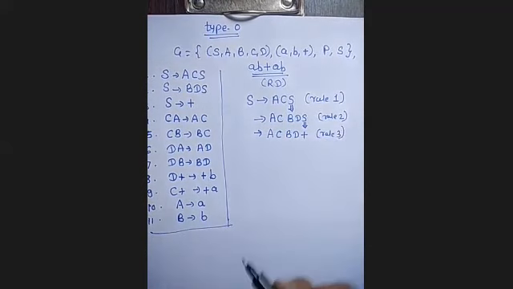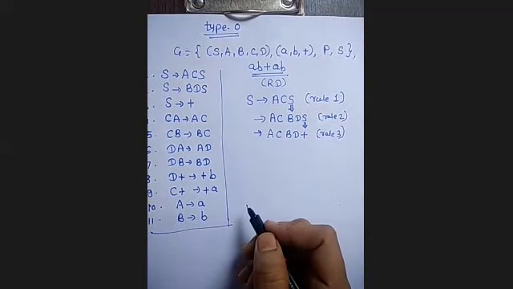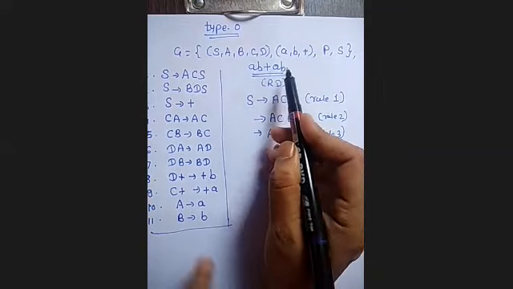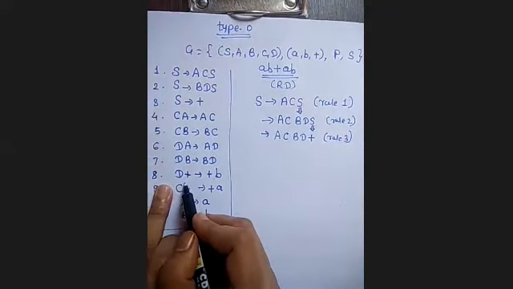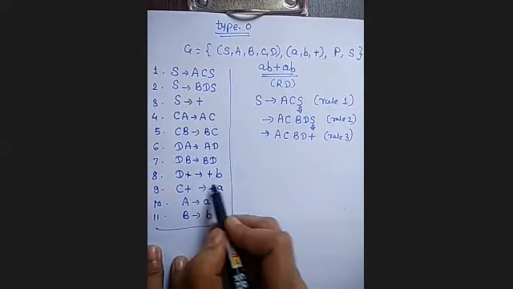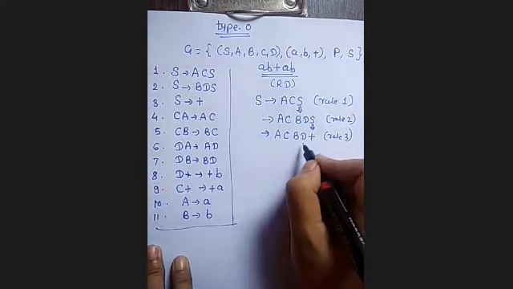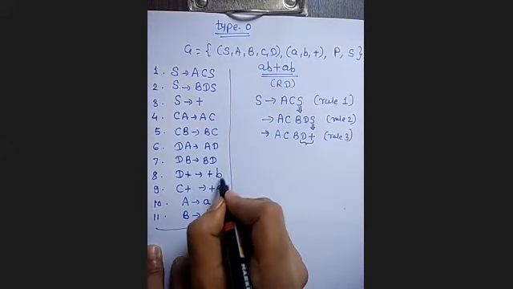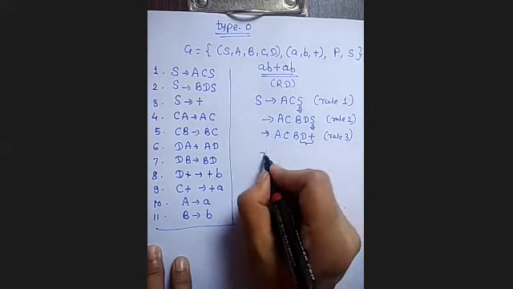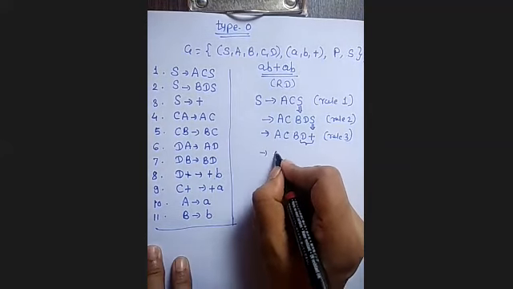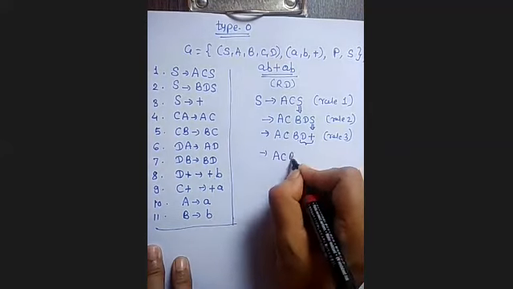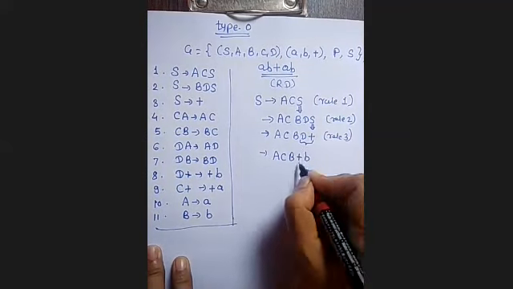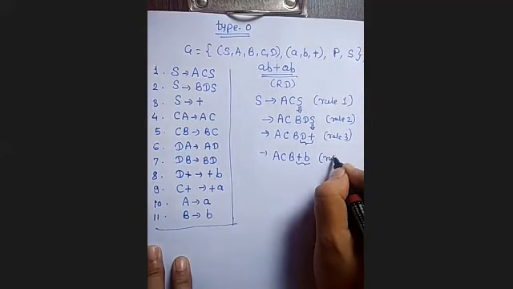Now what we want is B at the end, and rule number 8 is D plus derives plus B. So we replace D plus by its right hand side, plus B. In the next step I am applying rule number 8. So ACB stays as it is, and D plus is replaced by plus B. That is rule number 8.